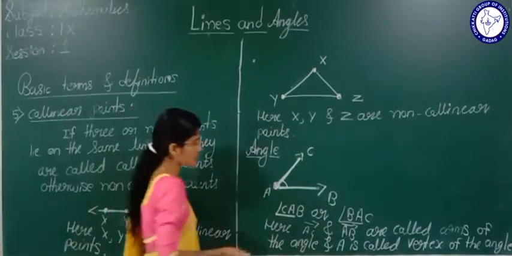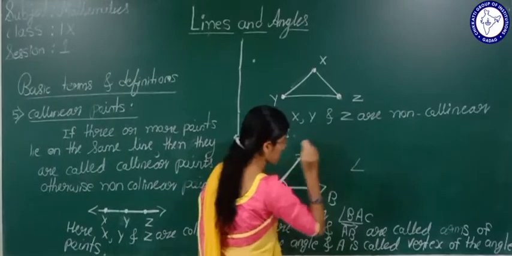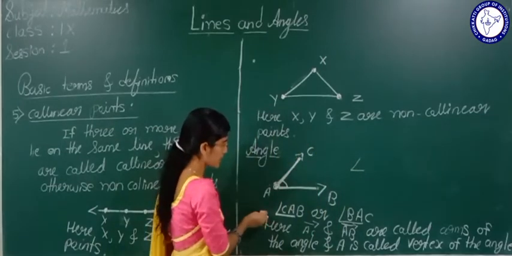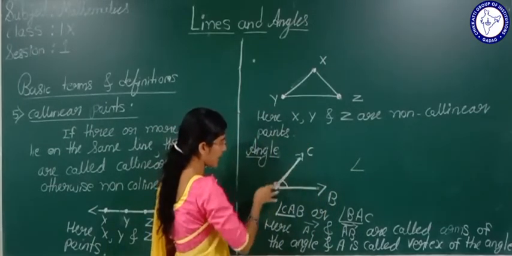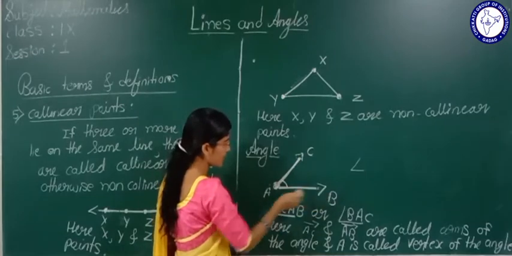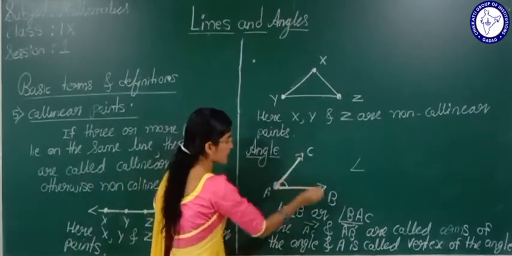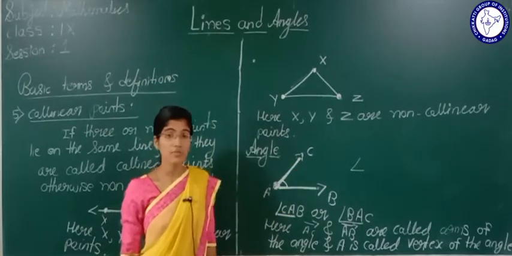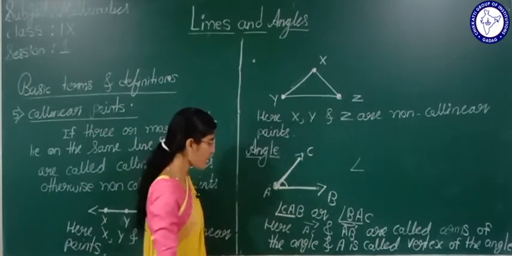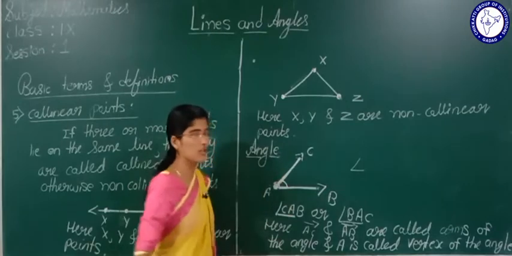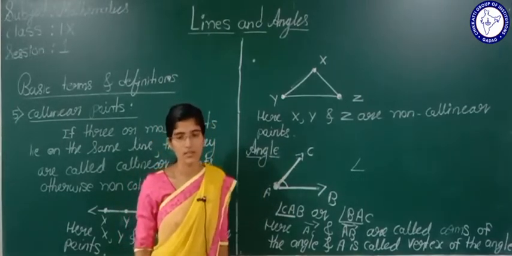Symbolically, how will we represent angle? Like this. See, symbolically here we can write angle CAB or angle BAC. AC and AB are called arms of the angle, and A is called the vertex of the angle.